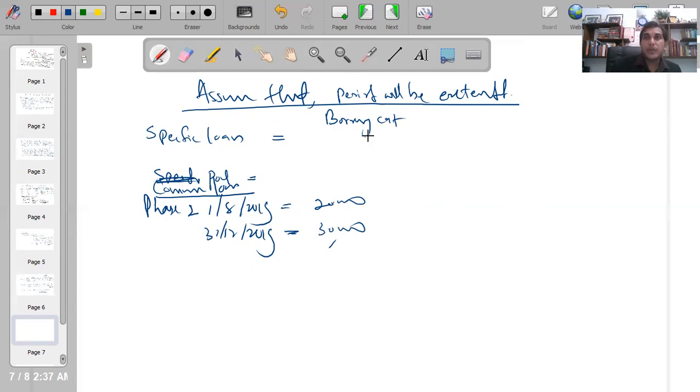In the specific loan you need to remove 2 months from the 2020 interest. 2020 interest how much? 2020 interest we have already calculated, 9,000.